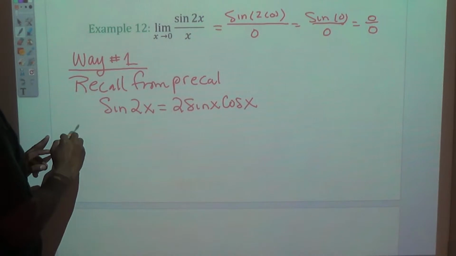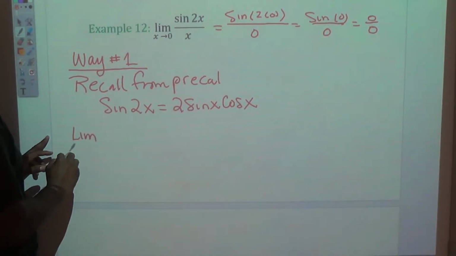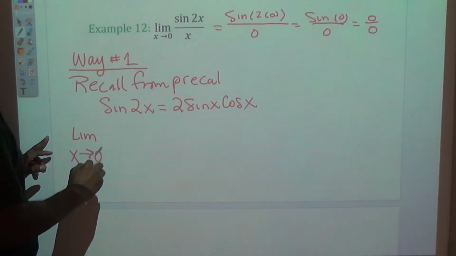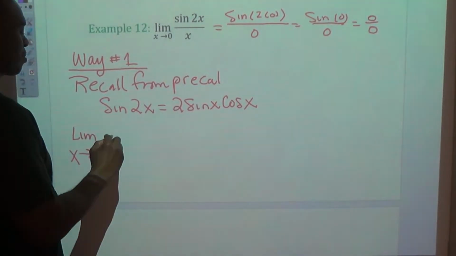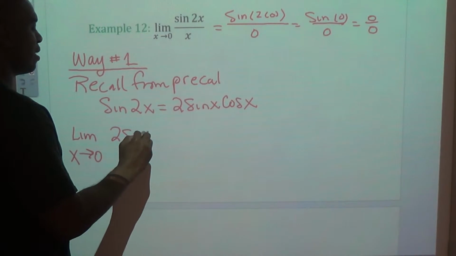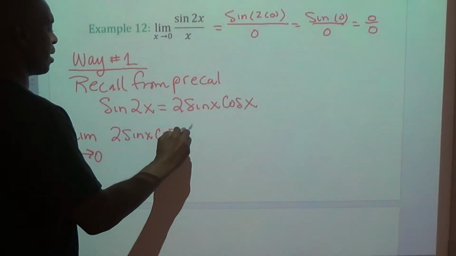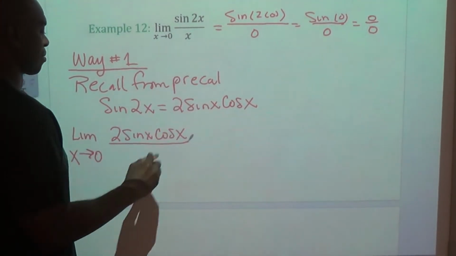And so this is going to give us now the limit as x approaches 0. Do not write sine 2x, write 2 sine x cosine x, all divided by x.